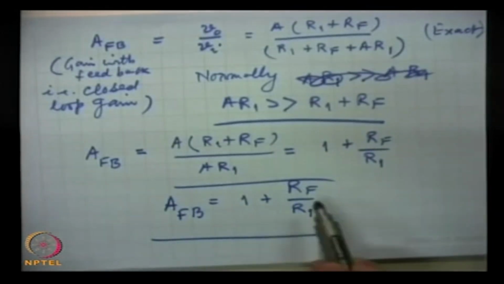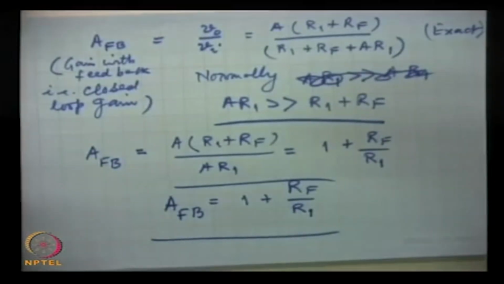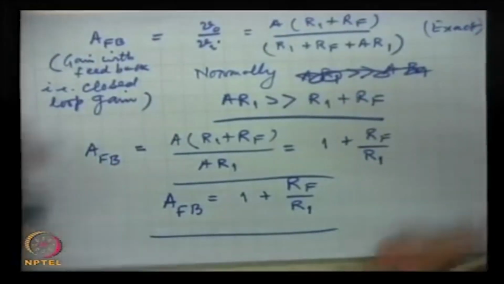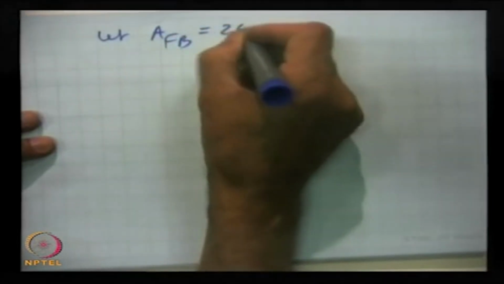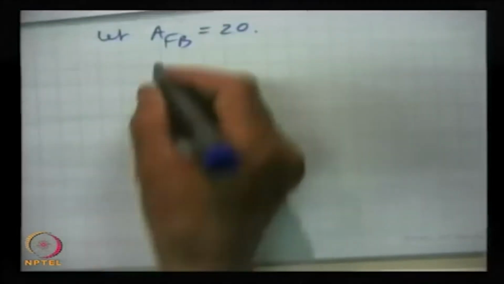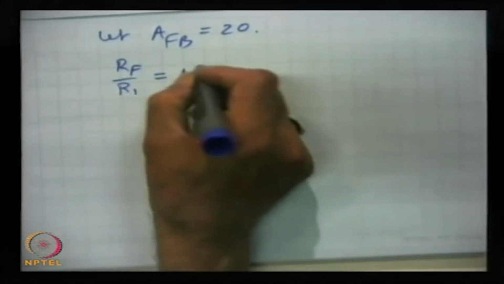Because the op-amp is a small signal device, resistances normally will be in kilo ohms. Suppose we want a gain of 20, let AF desired be 20, and for that, from this expression we want the Rf by R1 ratio to be 19.